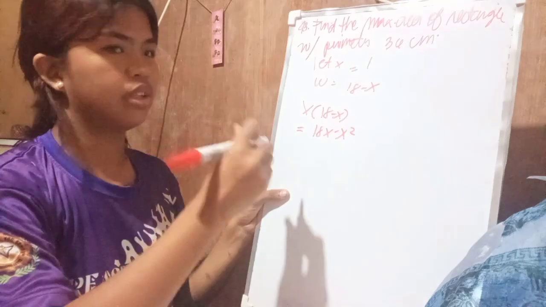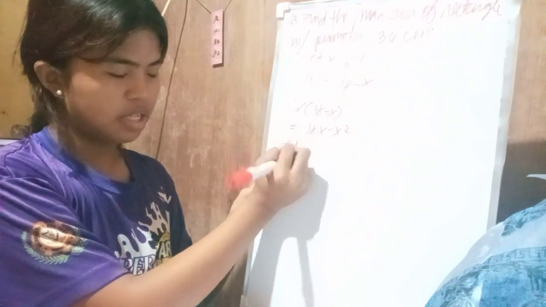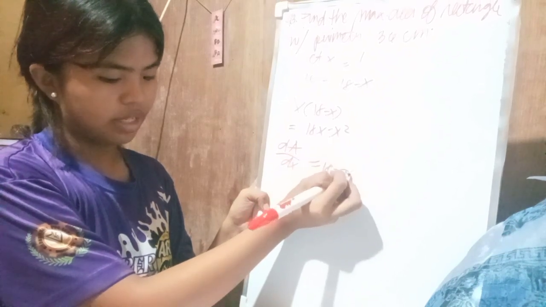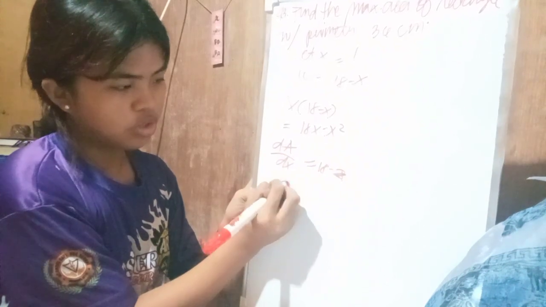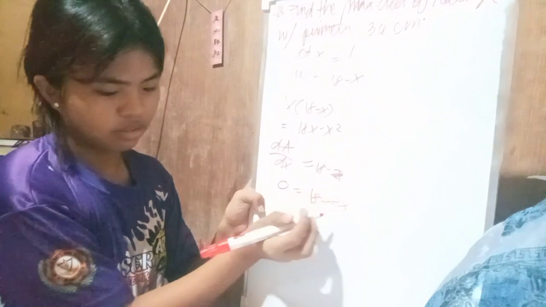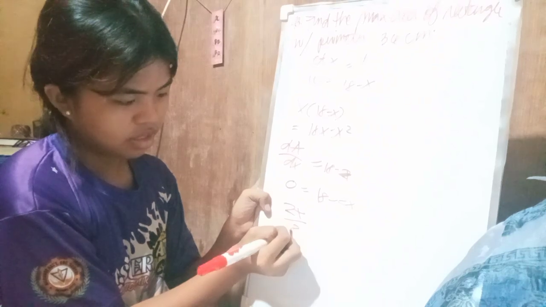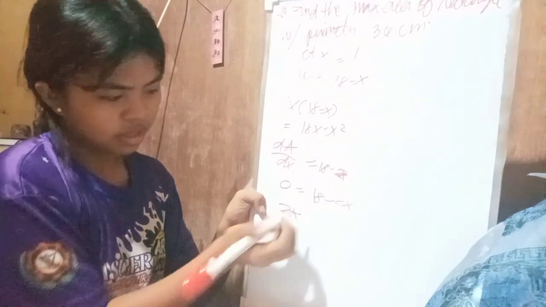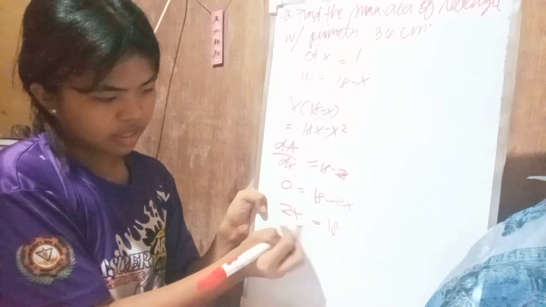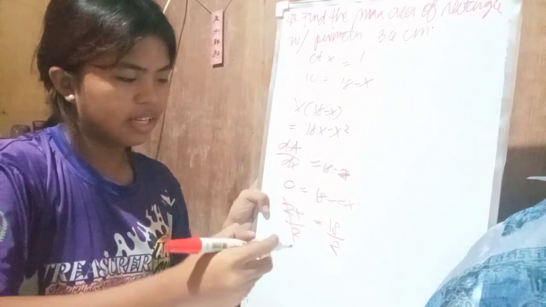Now, we derive it. So, dA over dx is equal to 18 minus 2x. Next, 0 equals 18 minus 2x. Now, 2x equals 18. Then, we divide both sides, cancel out.